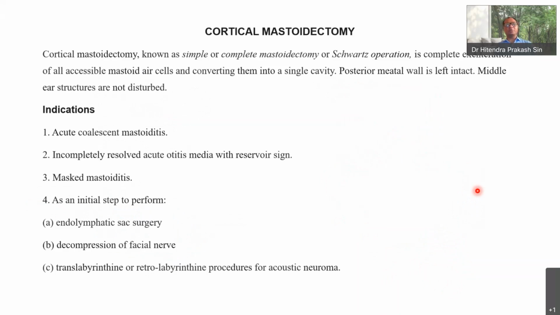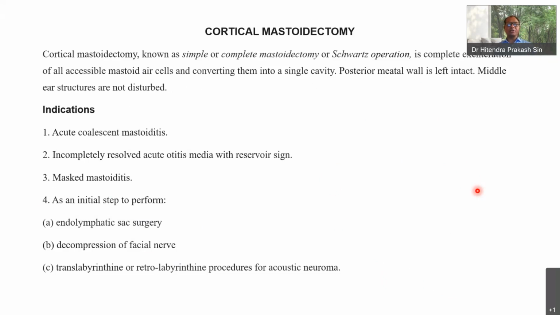Now, what is cortical mastoidectomy? I've defined it. It is a complete mastoidectomy or simple mastoidectomy or Schwartz operation, in which we do a complete exenteration of all accessible mastoid air cells and convert them into a single cavity. The posterior meatal wall is left intact and middle ear structures are not disturbed.